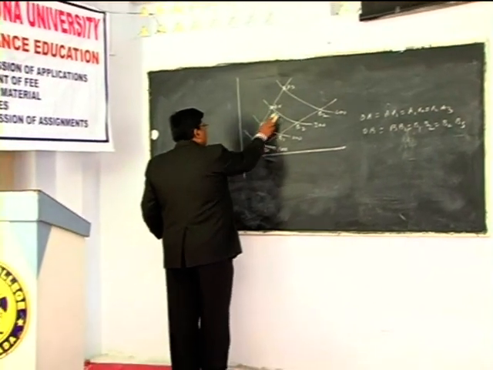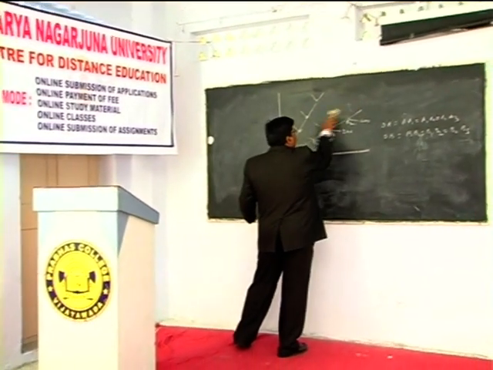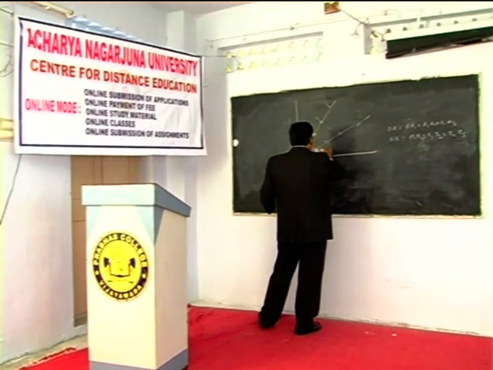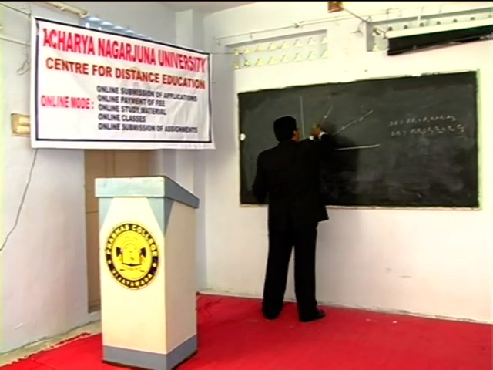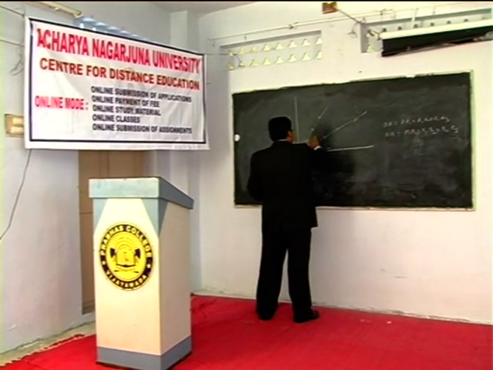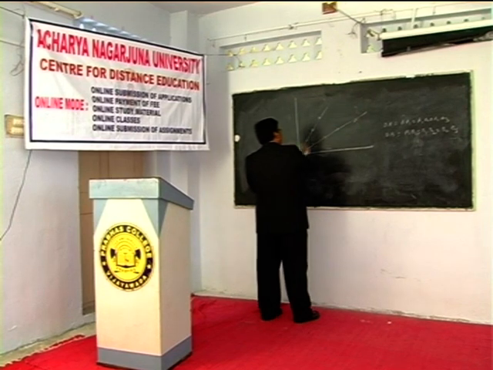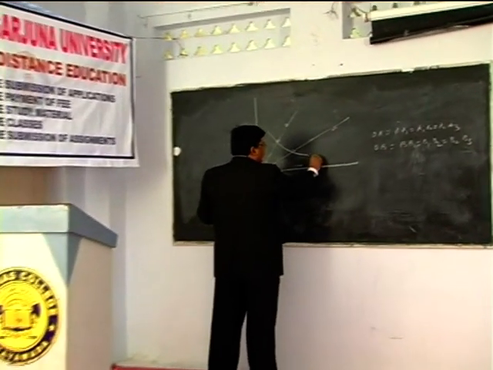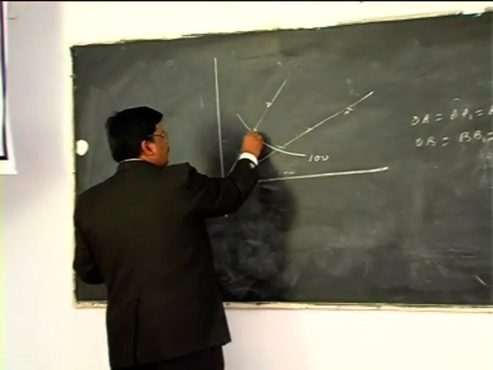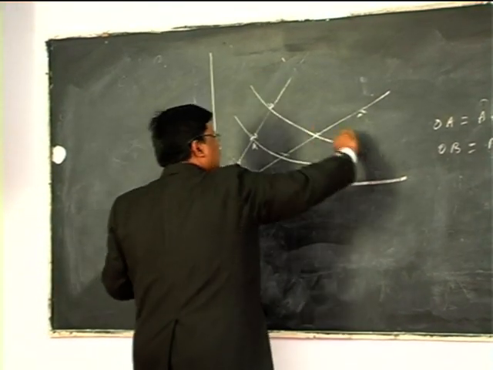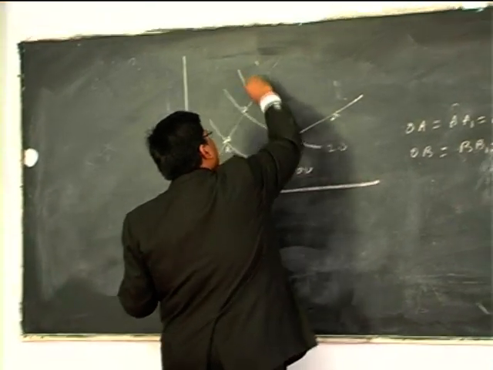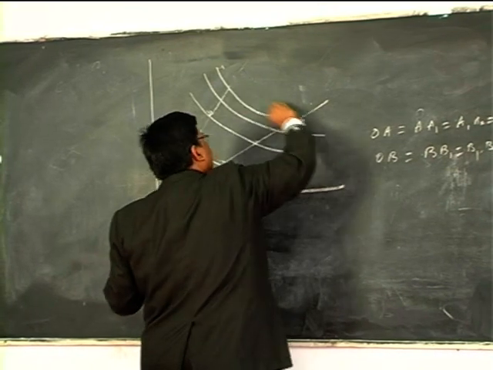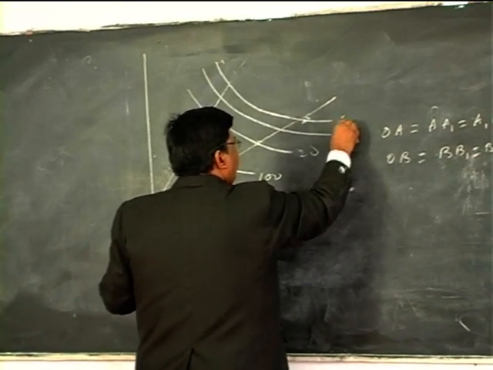And instead, if the successive isoquants come closer, for example, say this is the isoquant for 100, you see this is OA, and this is 200, and this is 300, 400.